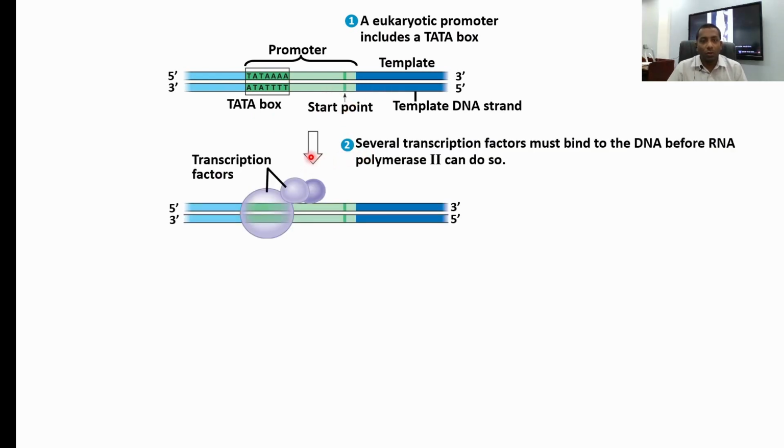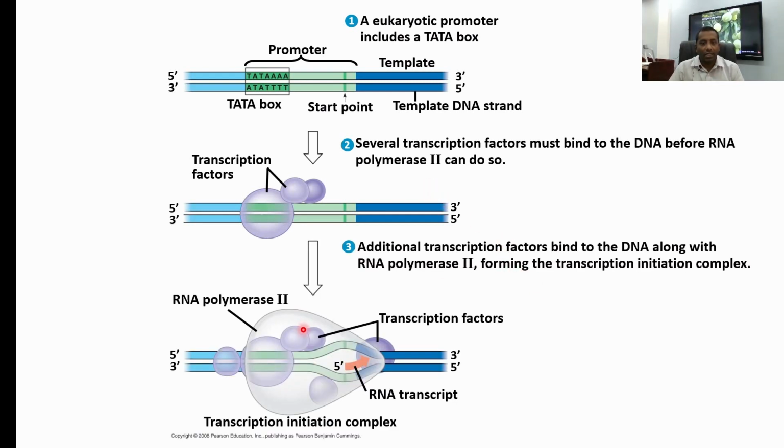So transcription factors first bind to this TATA box prior to the binding of RNA polymerase II. Okay, then once those transcription factors are bound to the TATA box, RNA polymerase II can bind to the DNA molecule forming the transcription initiation complex.